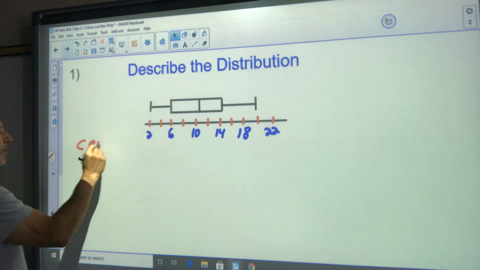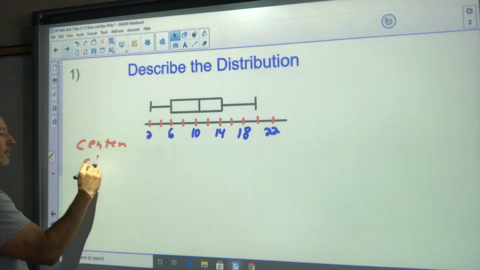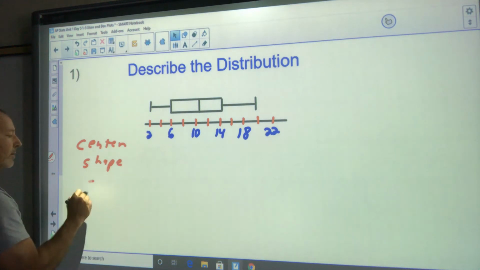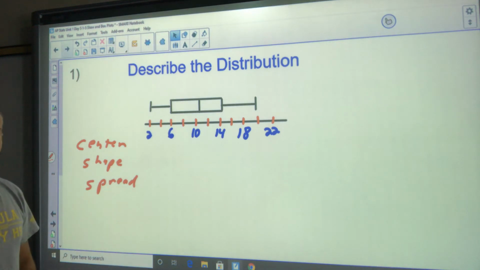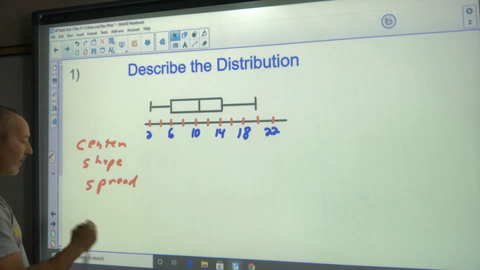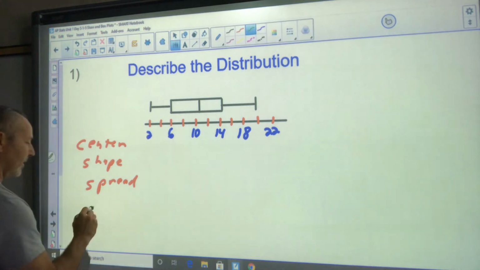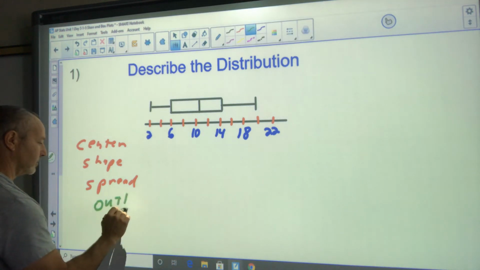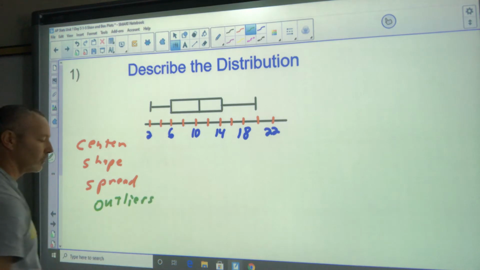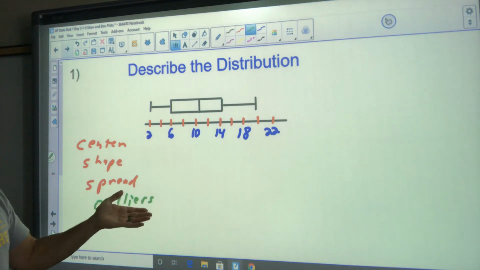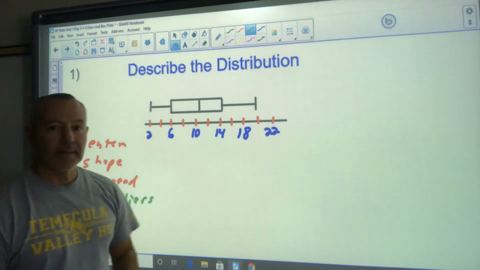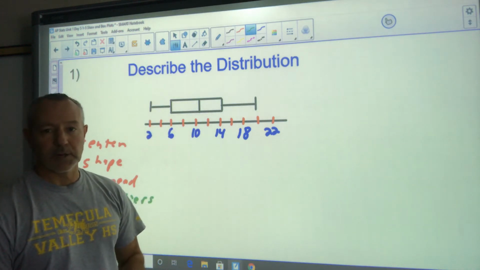We always talk about center, shape, and spread. If the information is available on outliers, which it is for box plots, then I'll mention that. And I know about outliers here. There's none of those dots, so there are no outliers on this particular graph.